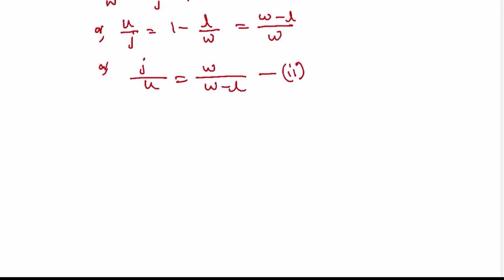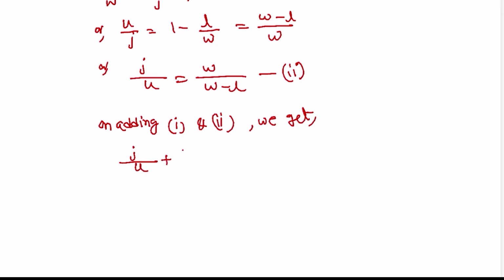So adding 1 and 2, we get j by u plus v by k equals l by l minus w plus w by w minus l.